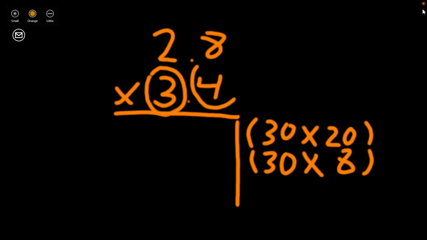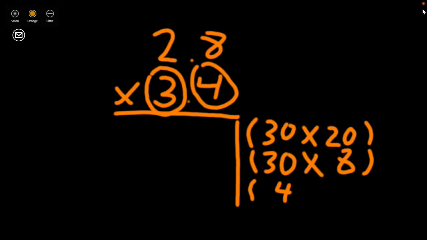We're going to multiply that by each digit in our top number, 28. Now the 4, since it's in the ones place, its value is really only 4. We're going to take a look at the top number, and we're going to again multiply that 4 first by the number in the largest value on our top number. That would be the 2.